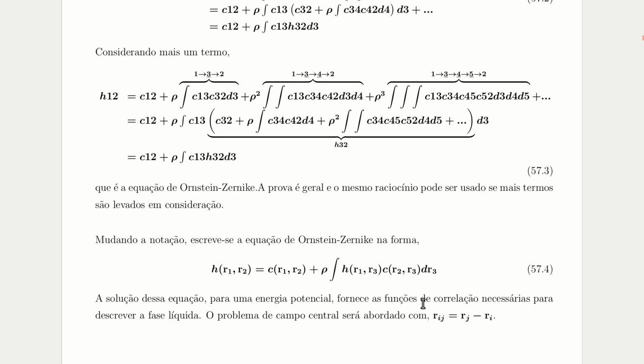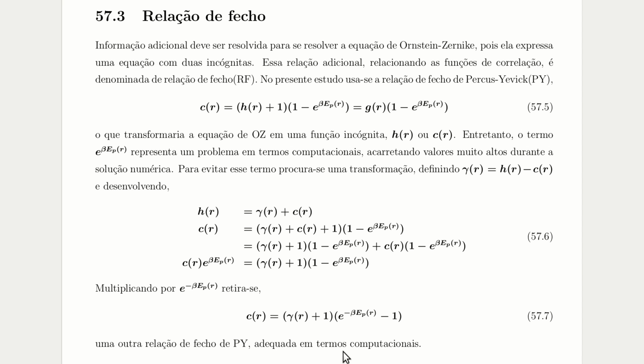And you see that this is not a self-contained integral, because h is inside and outside. Let's say it's one equation with two unknowns. How to solve that? It's going to be the next discussion.